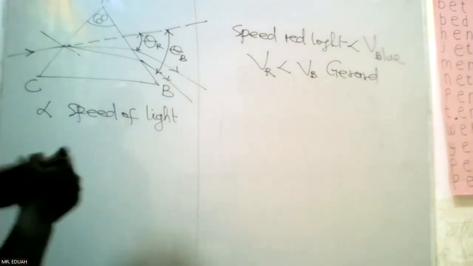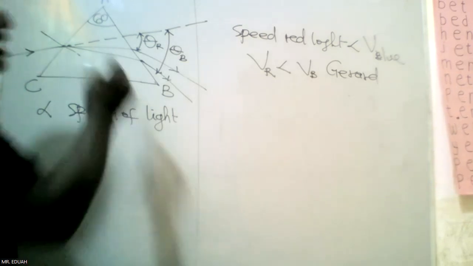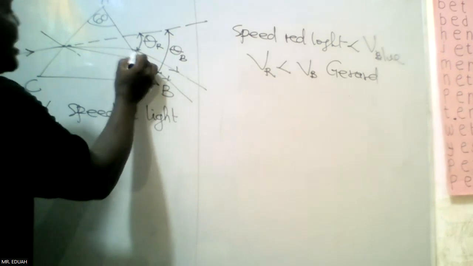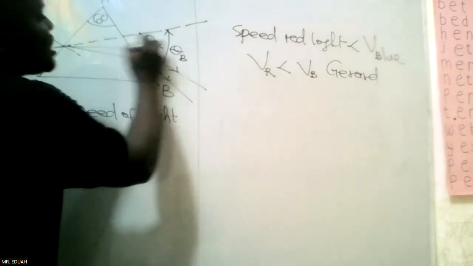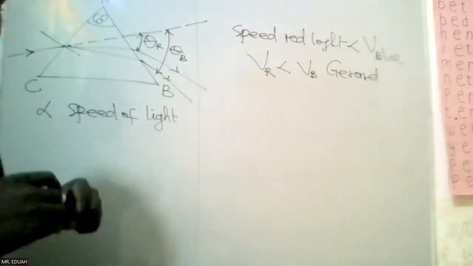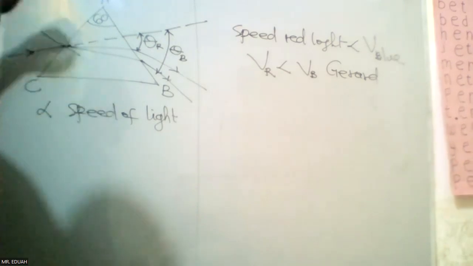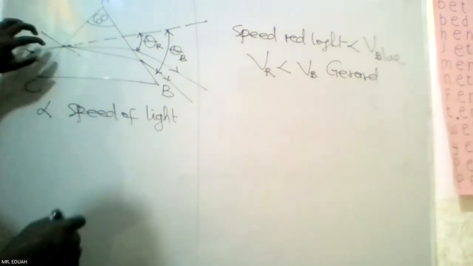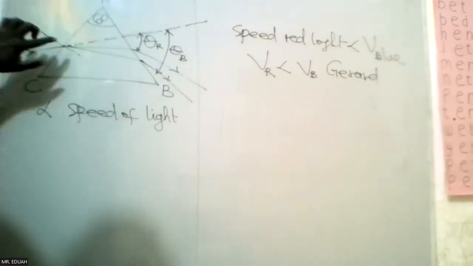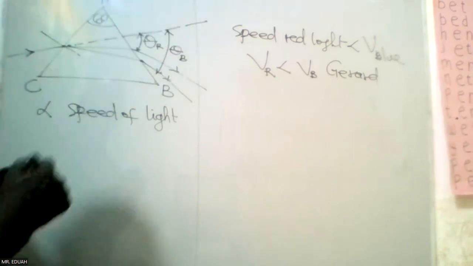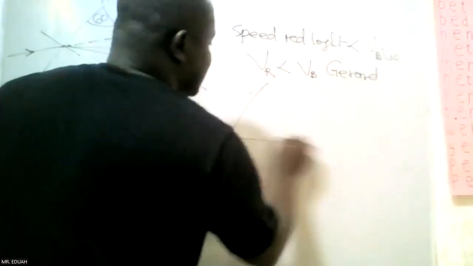Okay. Now, supposing the two rays never got deviated, what will you say about their speeds? Supposing the red light and the blue light take the same path as the incident white light.